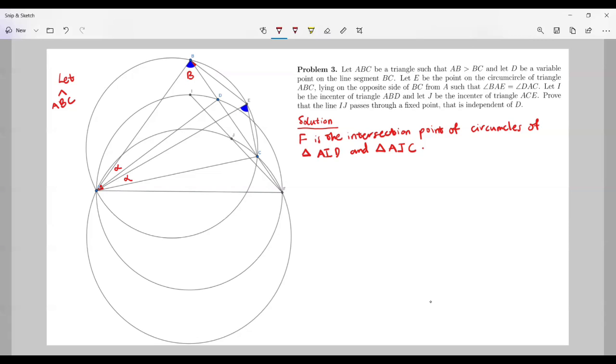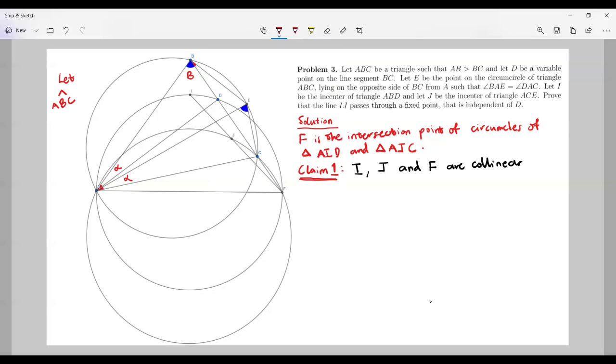So the first claim is that I, J, and F are collinear. Okay, so how do we do that?